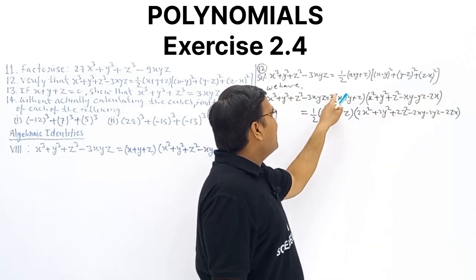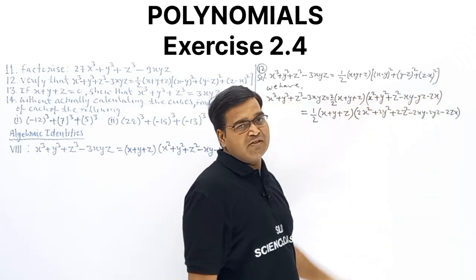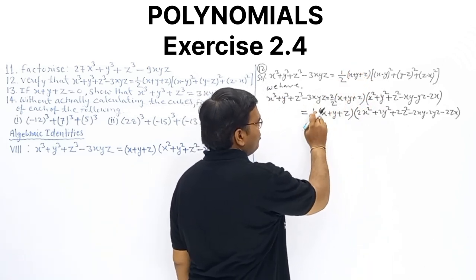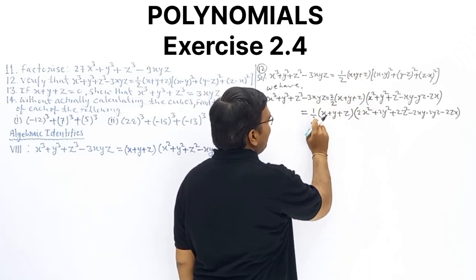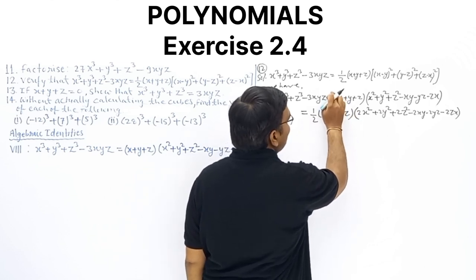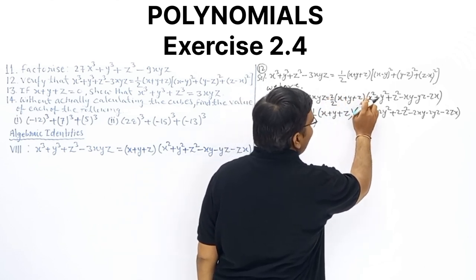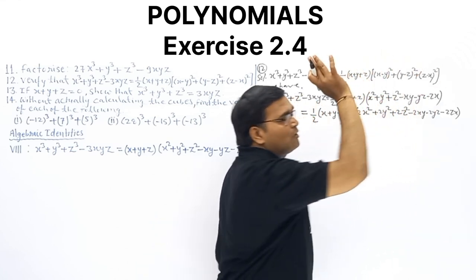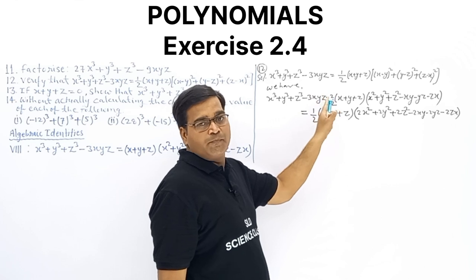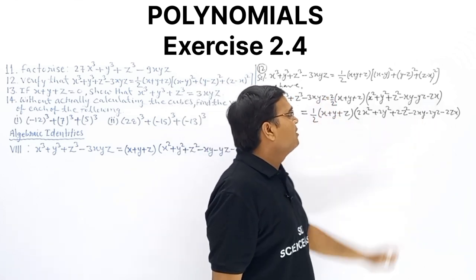Now we are multiplying and dividing these expressions by 2. Why? Because in the right hand side we want 1 by 2. So now I am writing 1 by 2 into x plus y plus z, and the numerator 2 I am taking there and multiplying all terms by 2. Then we are getting this one.